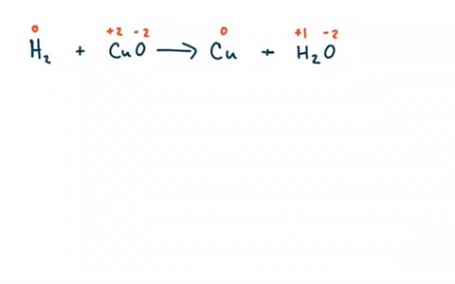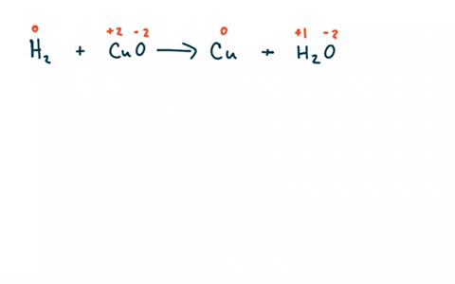Alright, so to save time, I've already done that for you, but if you have any questions, feel free to pause the video and talk with your neighbor to figure out why the oxidation numbers are what they are. So now we want to note how the oxidation numbers have changed.